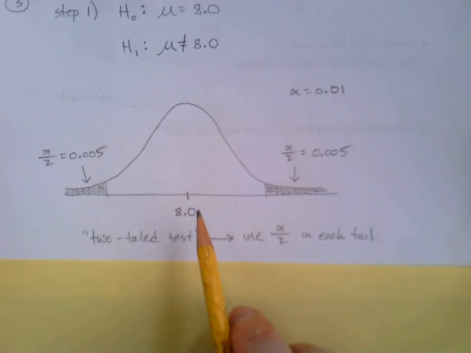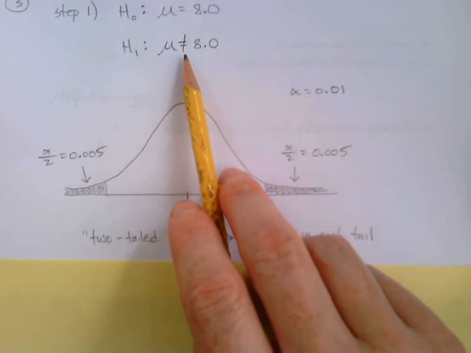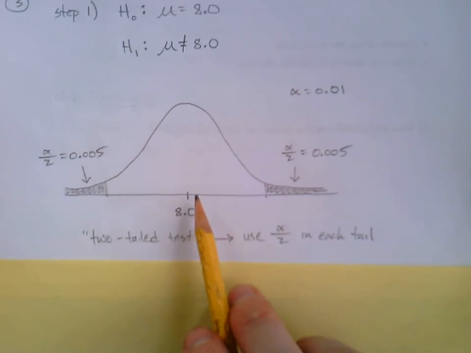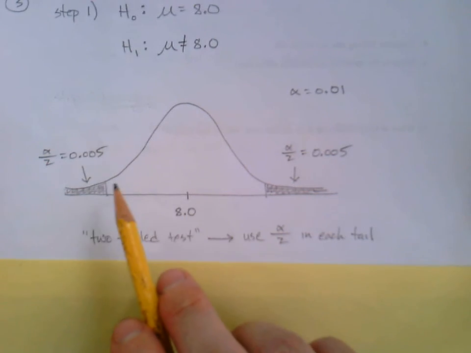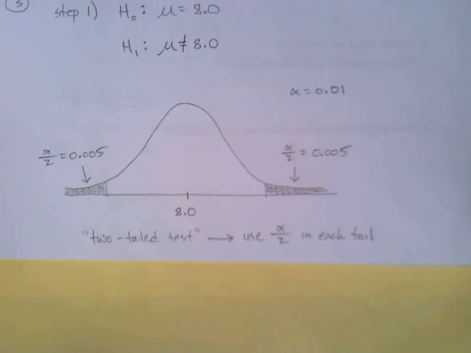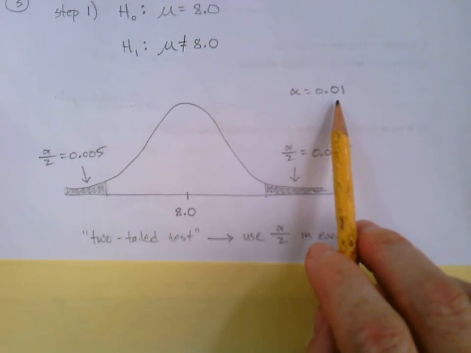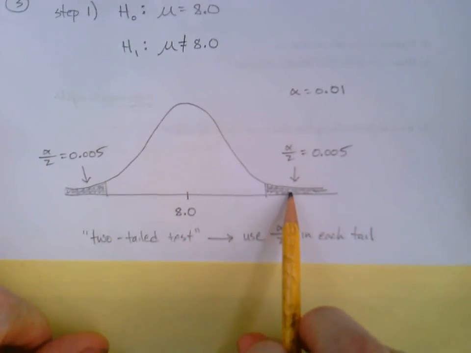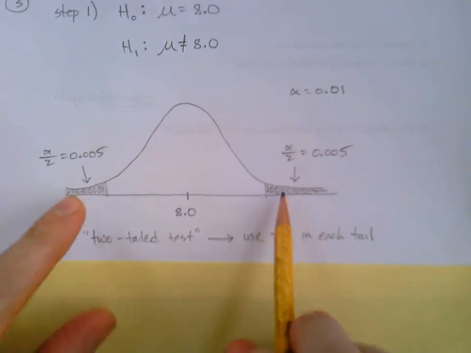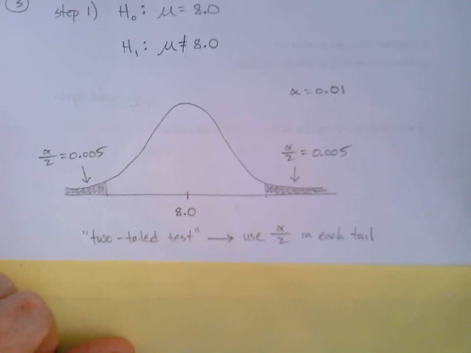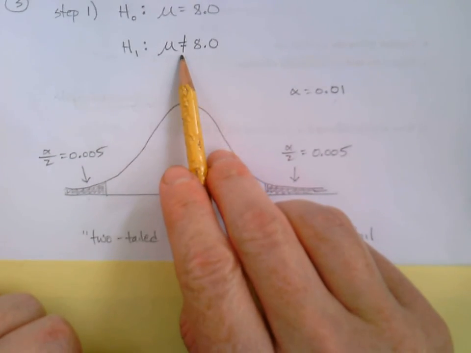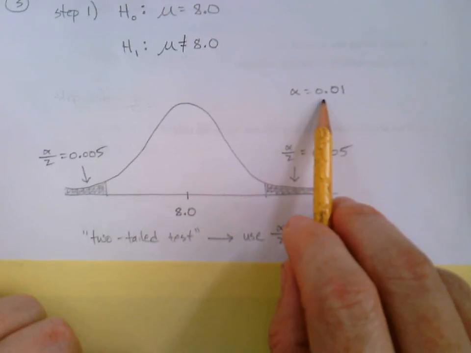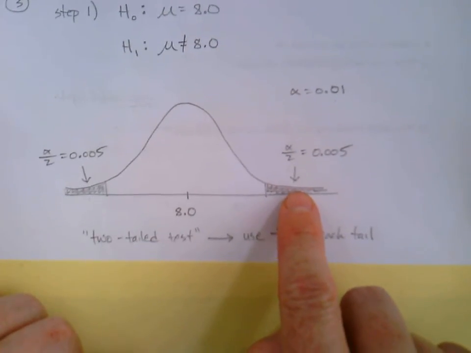If you make the bell curve, we put mu at the middle, 8.0. But now, because we're talking about does not equal, it might be higher or it might be lower. So what we have to do, we take that alpha and we have to split it. Half of the alpha goes above, the other half goes below. So when you have a does not equal, you take half of your alpha and make it at the top.